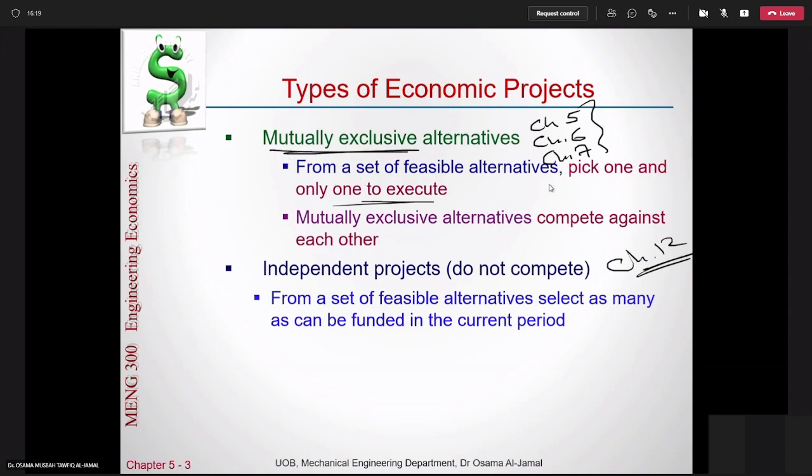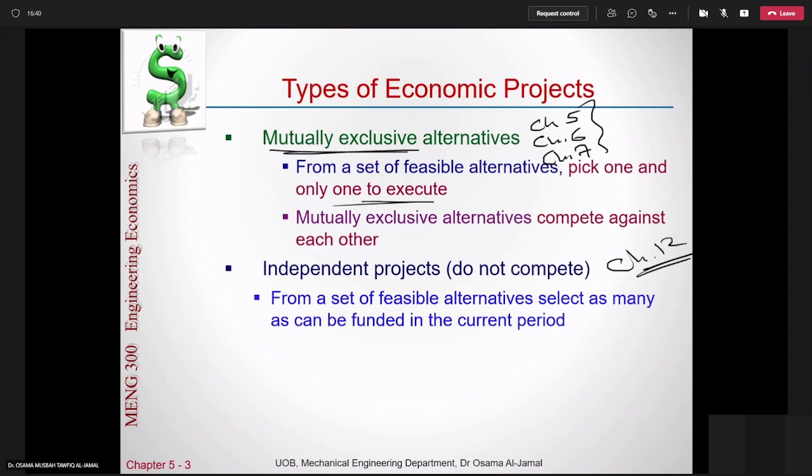Here we have a set of feasible alternatives. In mutually exclusive, we'll pick only one. But with the independent projects, select as many as can be funded in the current period. You have a certain budget.